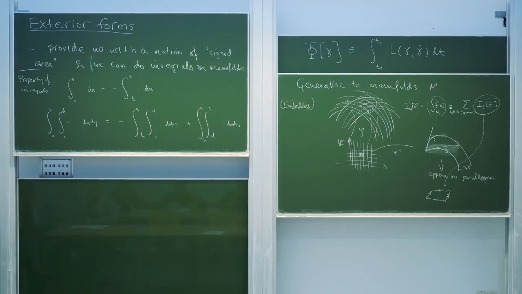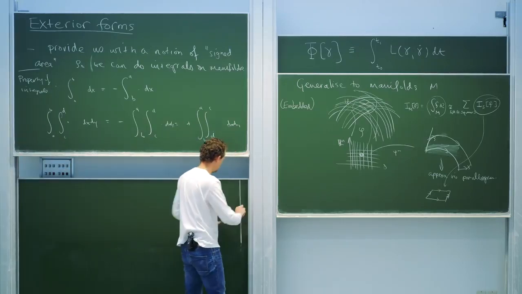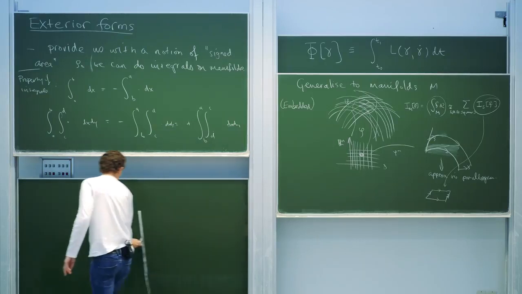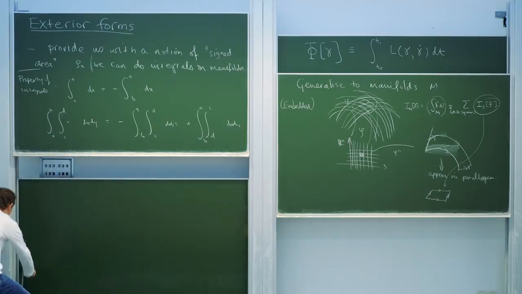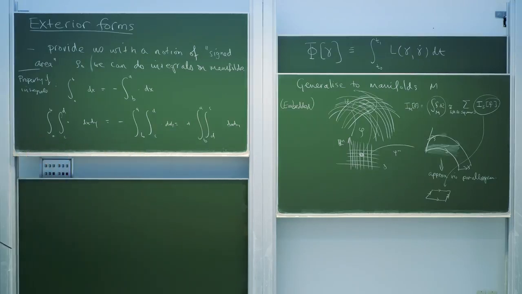So let's get to it. We need to first talk about things that can eat tangent vectors and give us numbers. What sort of things can eat tangent vectors?